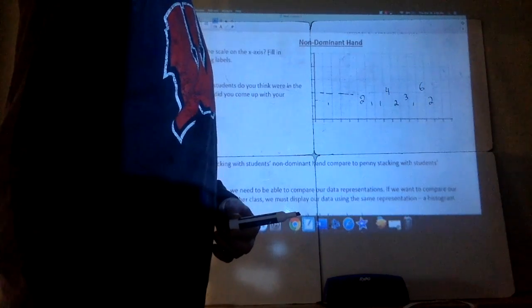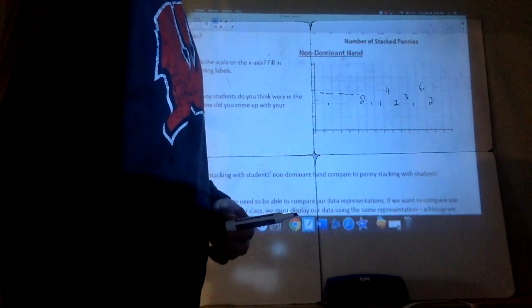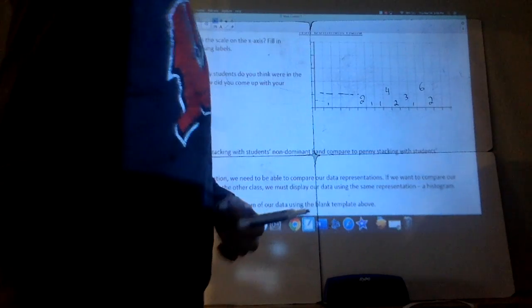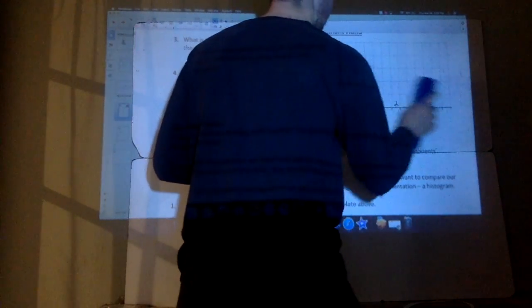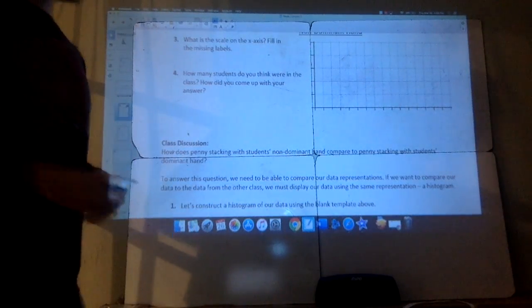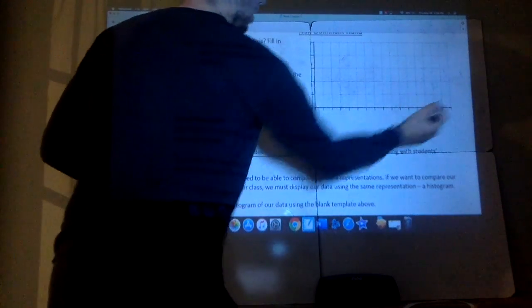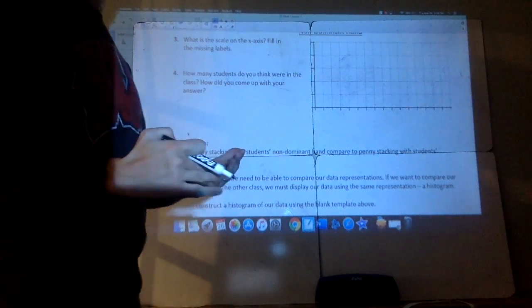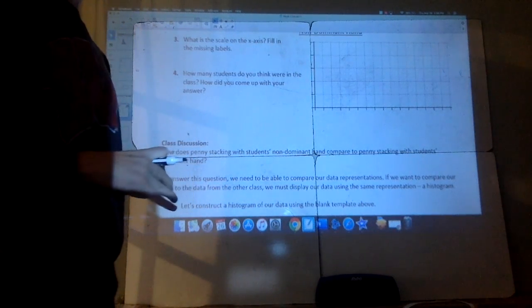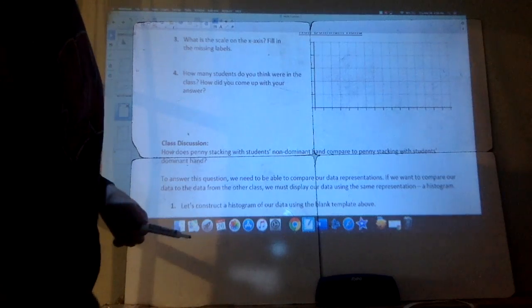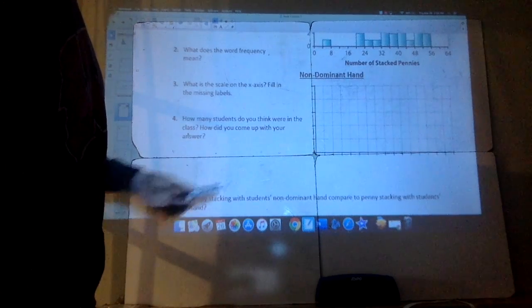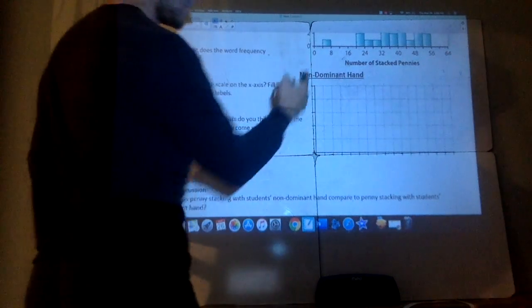So we're going to create a histogram, a frequency histogram for our data. The first thing you need to do is draw our axis. You need to pause the video to do that. Be my guest. And next we're going to label our x-axis. We're going to use the same labels as they used above.